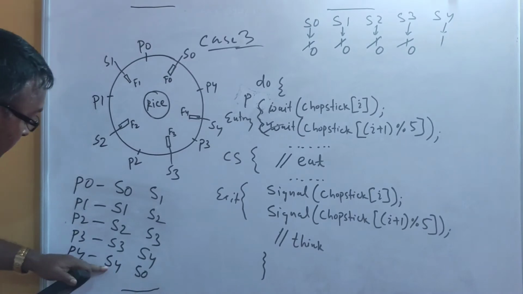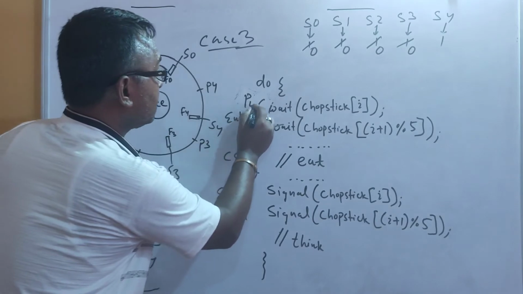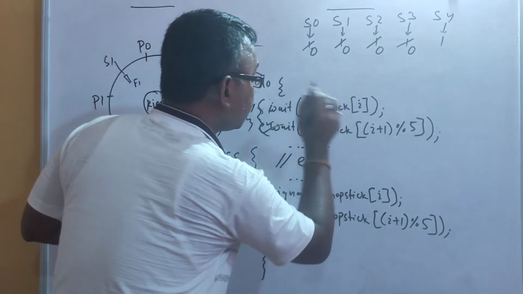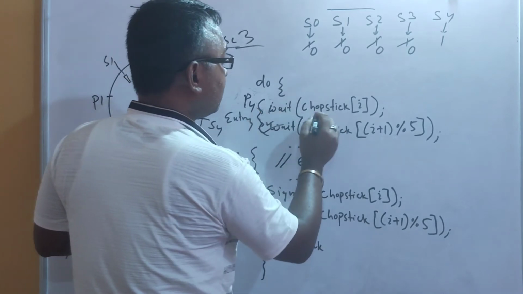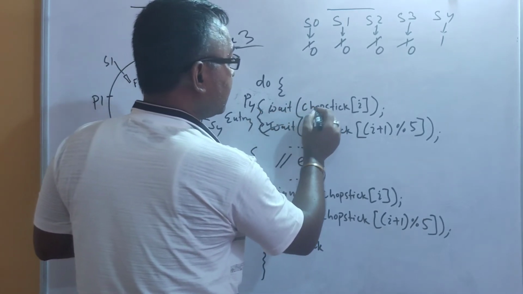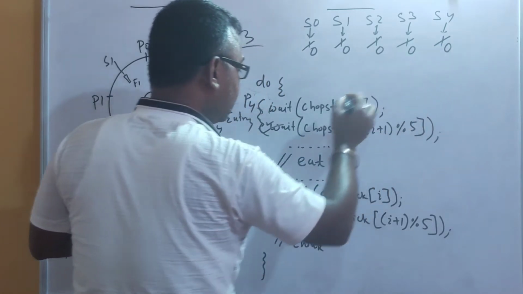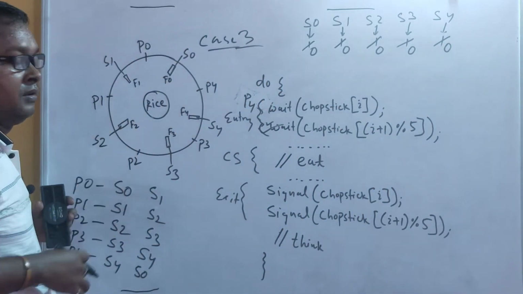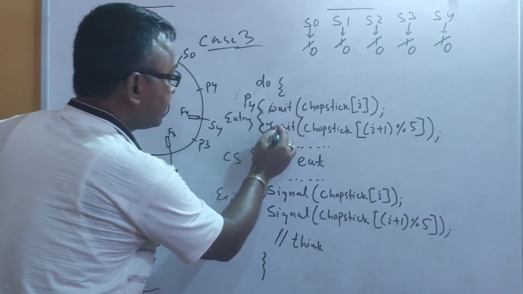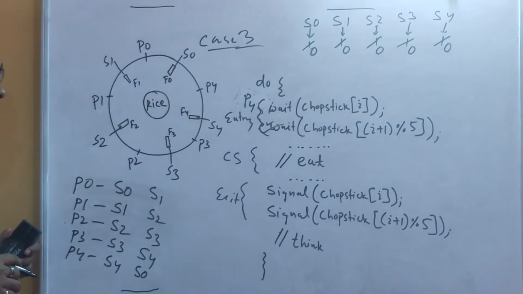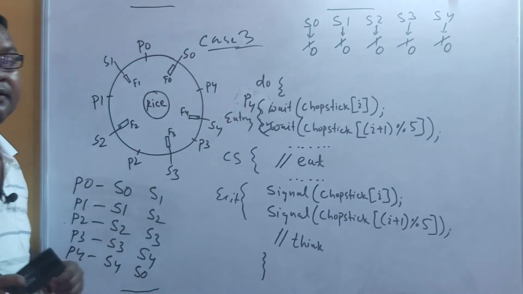When it executes wait on semaphore S4, the semaphore value decrements from 1 to 0. And it is not able to execute the next line of code because S0 is already 0.